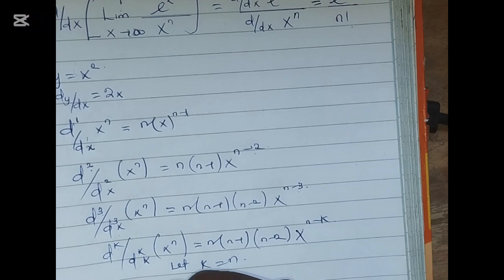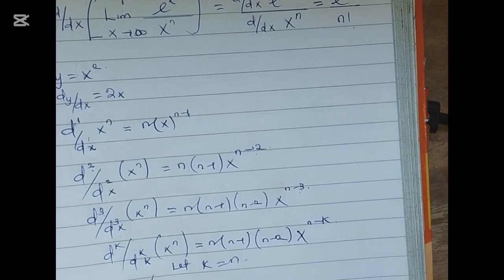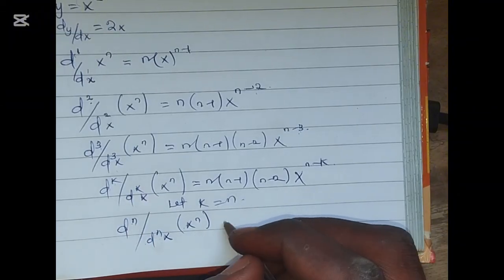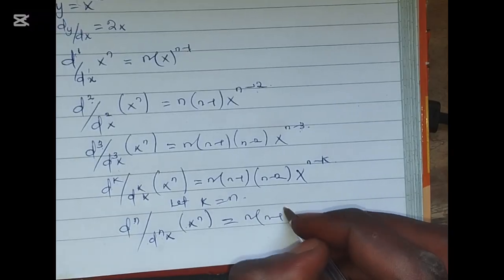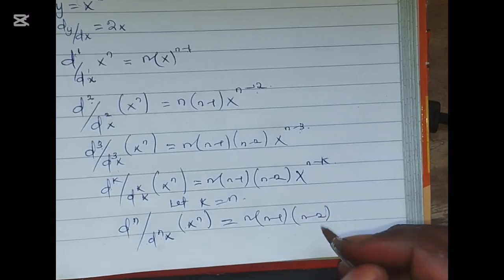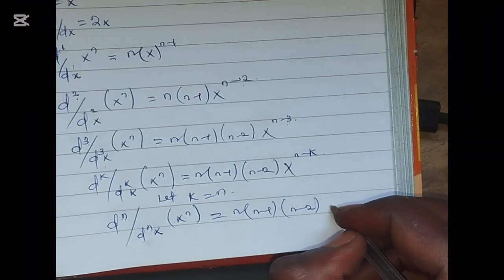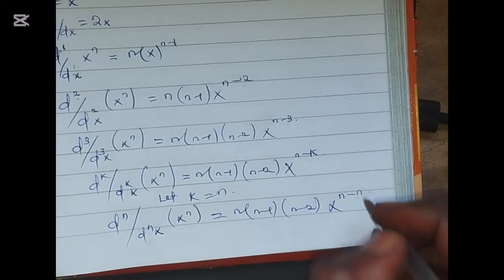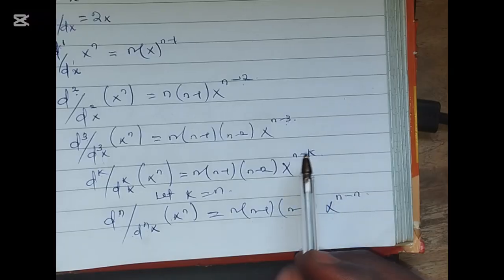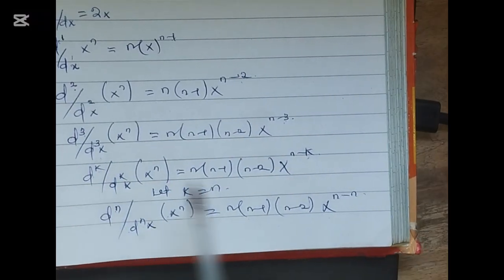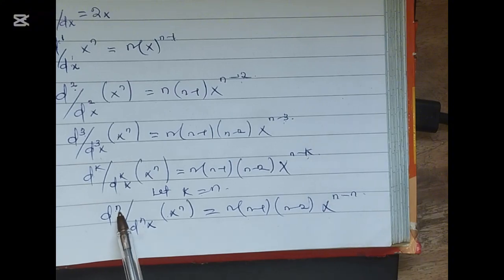So you have the nth derivative of xn. The nth derivative of xn is equal to n times n minus 1 times n minus 2, and we still have n minus 3, to n minus k plus 1 like that, all the way to x to the n minus n, because whatever is here must correspond. 3 corresponds to 3, 2 to 2, k to k, so n must correspond to n.